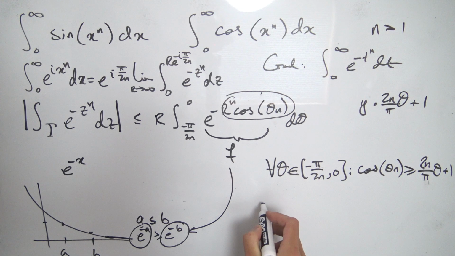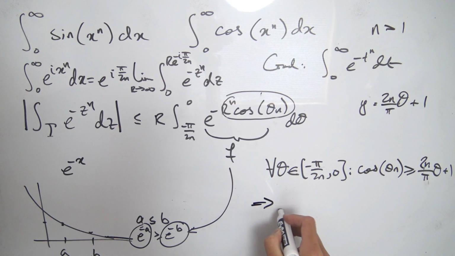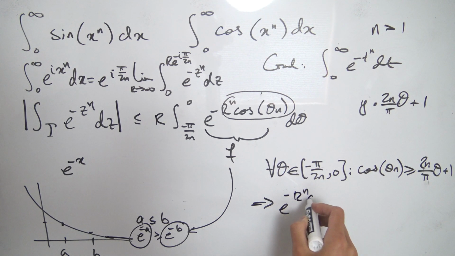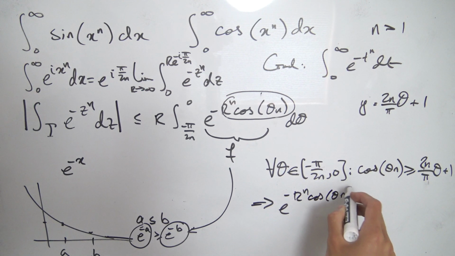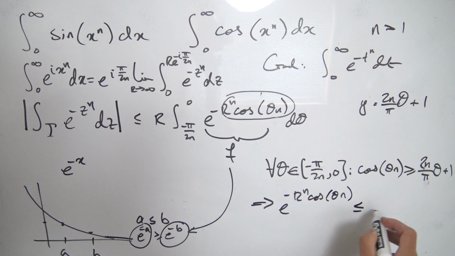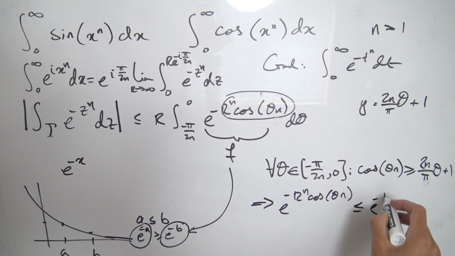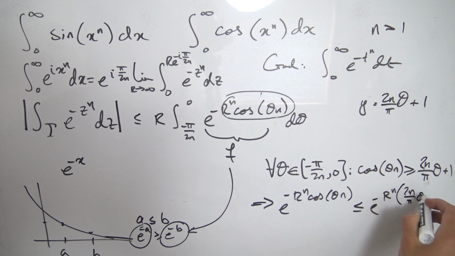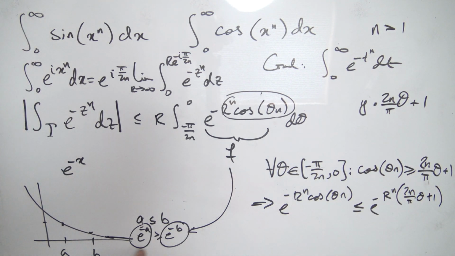So this implies that e to the minus r to the n times the cosine of theta n is always less than or equal to e to the minus r to the n times 2n over pi times theta plus 1, by this relationship that we have.